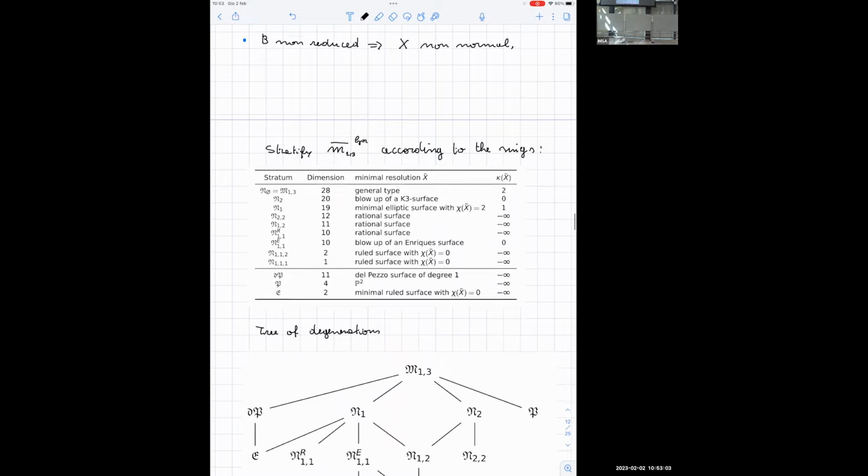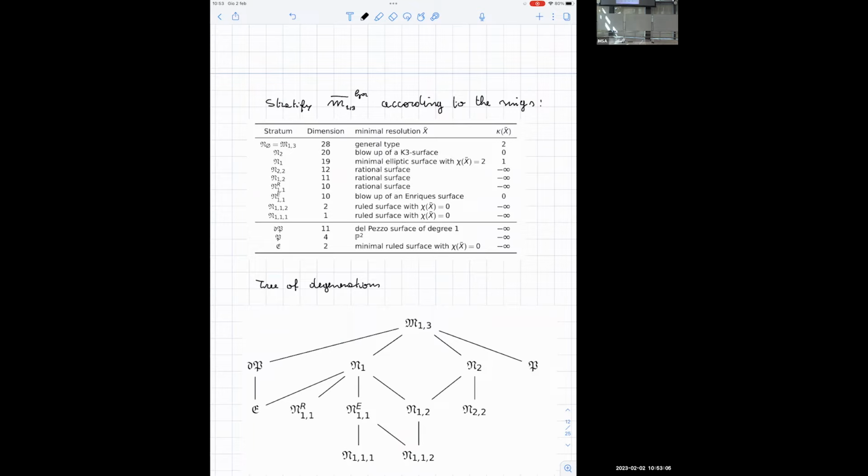So you have a main stratum corresponding to the smooth surfaces, and then let me try to explain what the notation is. N stands for normal, and then you can have the Gorenstein singularities that are not canonical, which are simple elliptic or cusps.